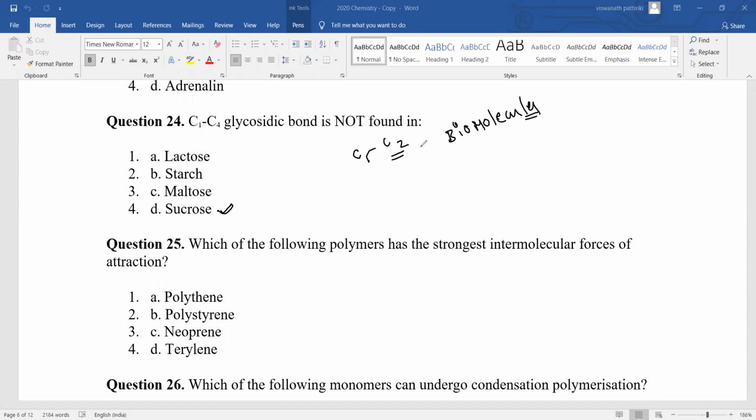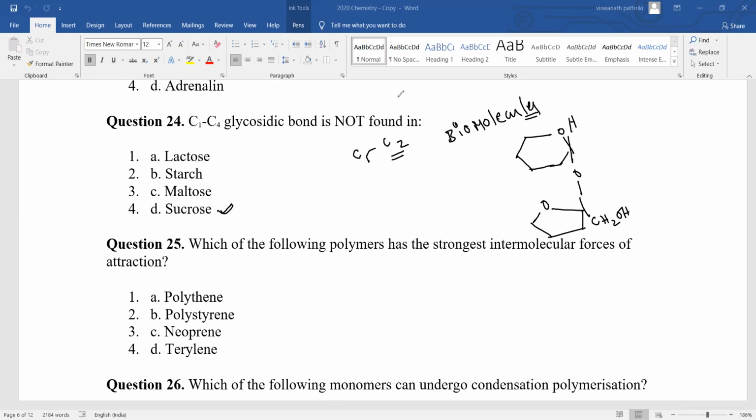Okay, so if the structure is like this, that is one of the simple ones. Okay, so here H, O like this. So the remaining HOH will be there.